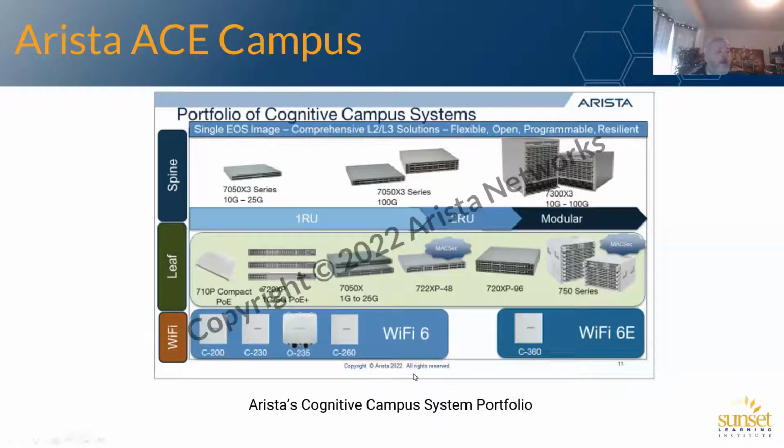Okay? And then, of course, we're going to talk about the APs. So there's a variety of APs that are supporting Wi-Fi 6, otherwise known as 802.11ax. And of course, they're backward compatible with AC and N. Okay.